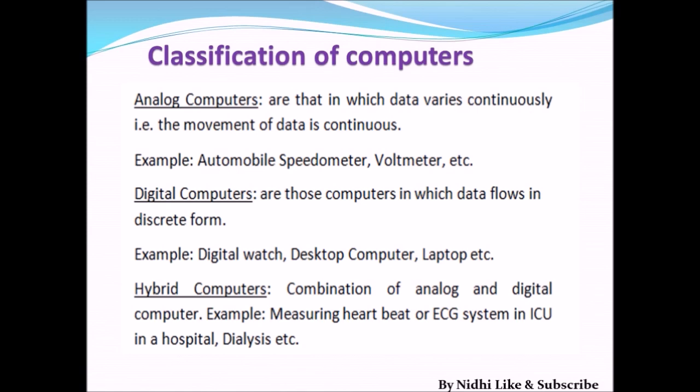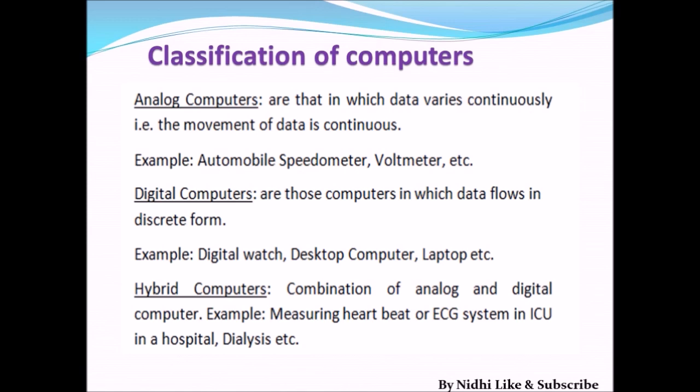These hybrid computers are used in the health sector for measuring heartbeat or ECG systems in ICU. In these machines they take the input of pulse rate. The pulse rate is in analog form, and then it is converted in the computer into a digital signal. It is just an example of a hybrid computer. It uses analog as well as digital signals to form the required result. Is it clear?